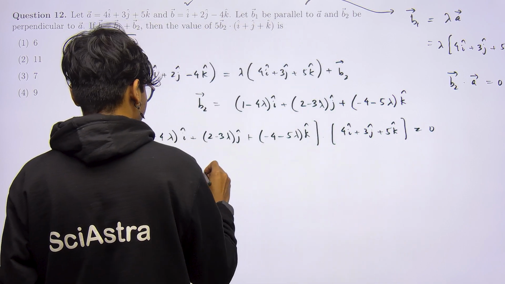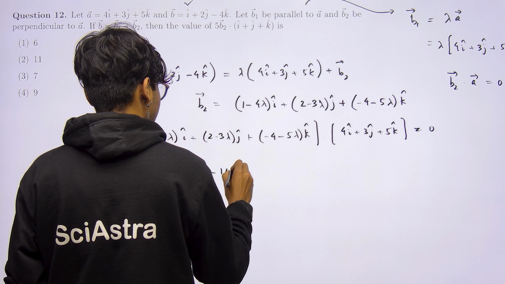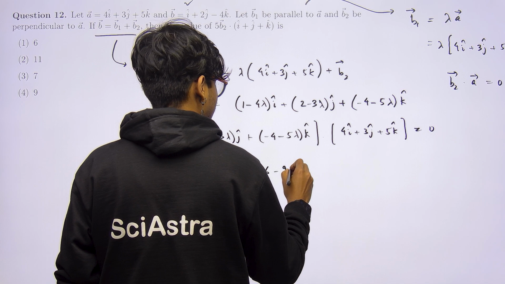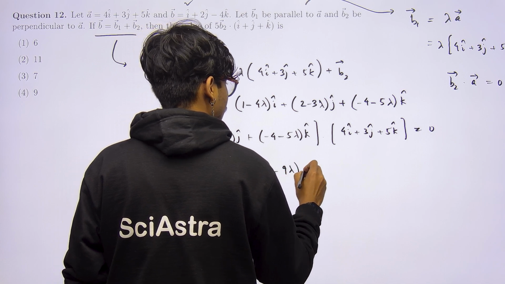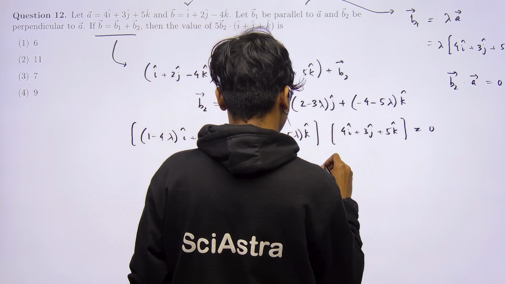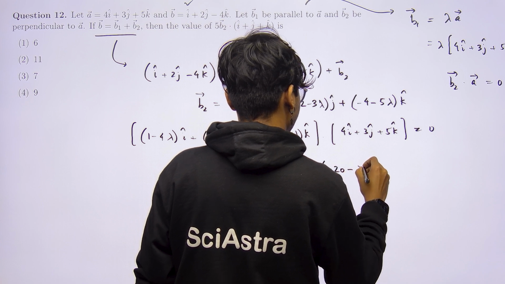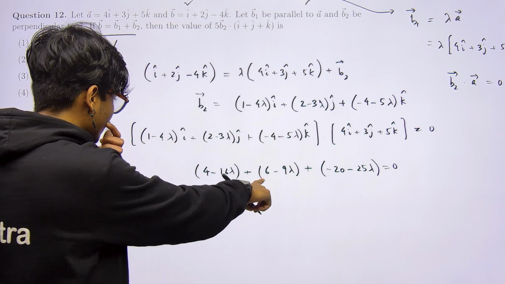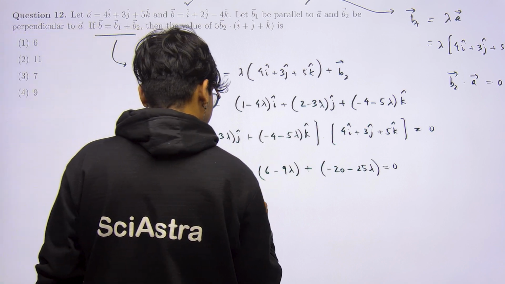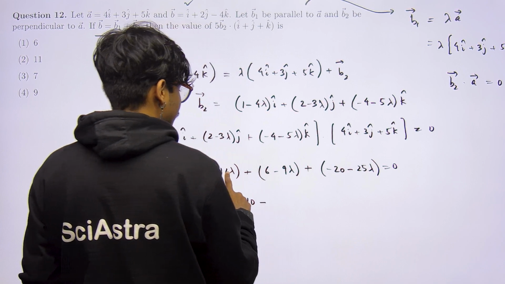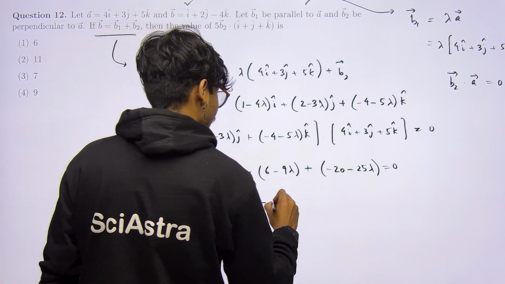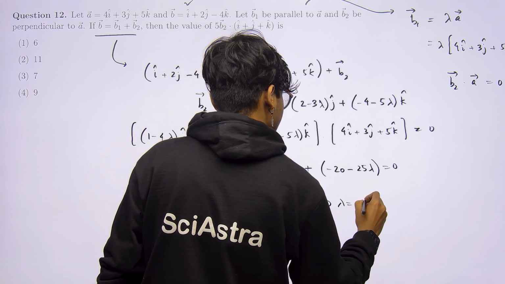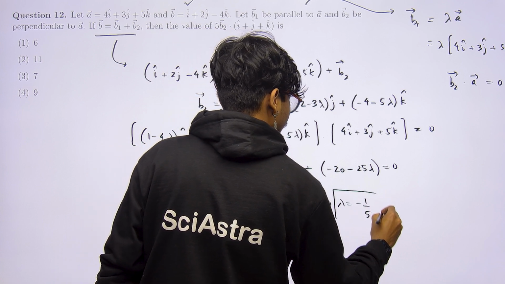So if I take the dot product, I'll get 4 minus 16 lambda plus 6 minus 9 lambda plus minus 20 minus 25 lambda. This should be 0. So if I look at the constants, you have 4 plus 6, that's 10, minus 20, so that's minus 10. Minus, this is 25, minus 25, so minus 50. This should be equal to 0, which implies lambda is minus 1 by 5. So I get the value of lambda.